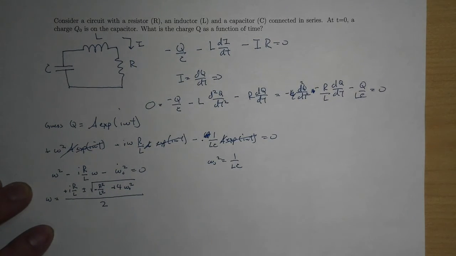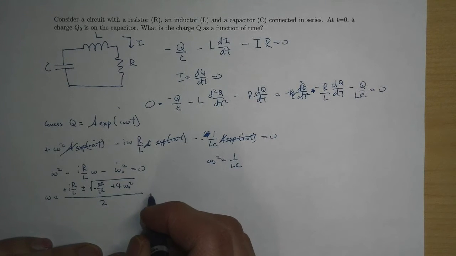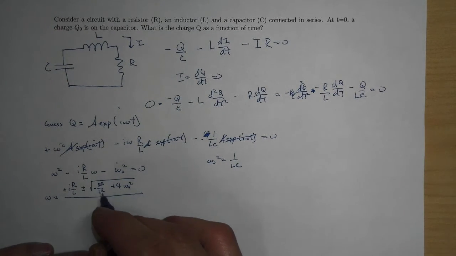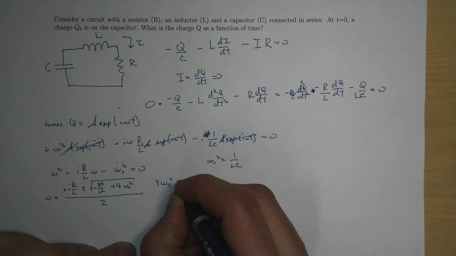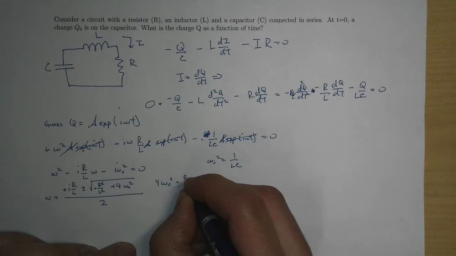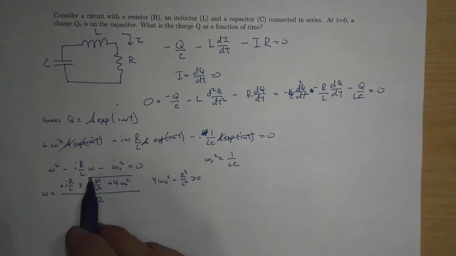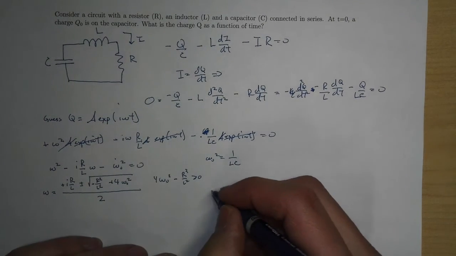Now the key to doing this is to assume that omega naught squared minus R squared over 4L squared is greater than 0. Then this square root is real, and you have a real part and an imaginary part.